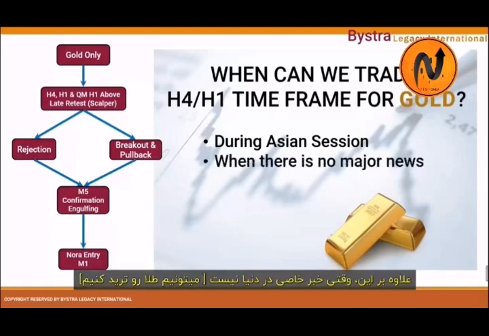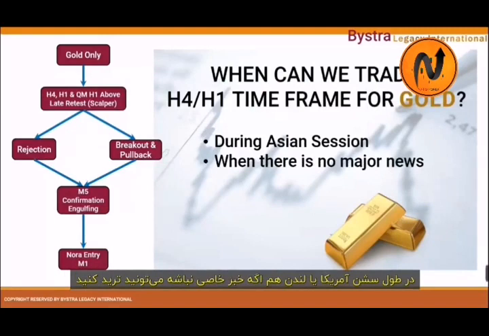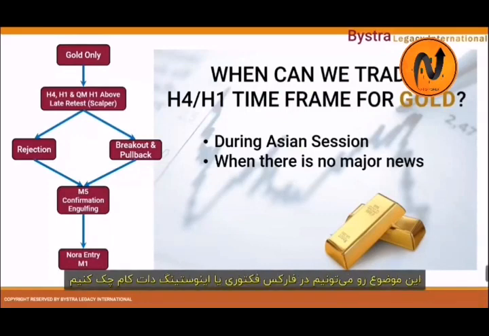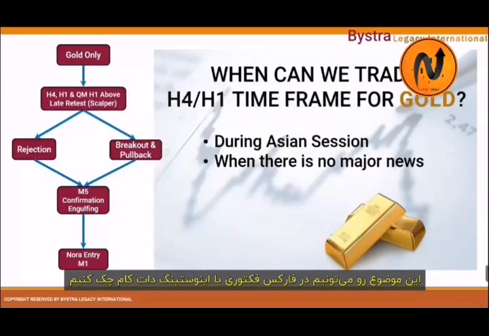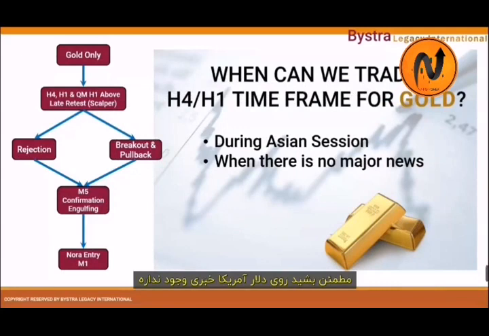In addition, when there is no major news going on, you may also trade during the US or London session. We can check this at Forex Factory or at the economic calendar on investing.com. Make sure that there are no news on the US dollar.